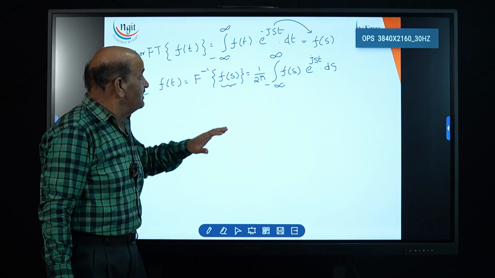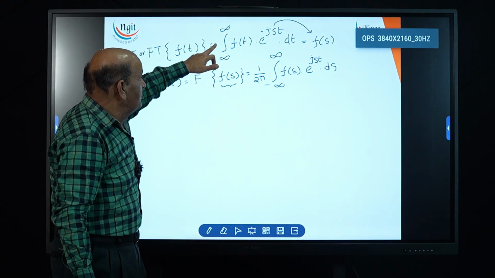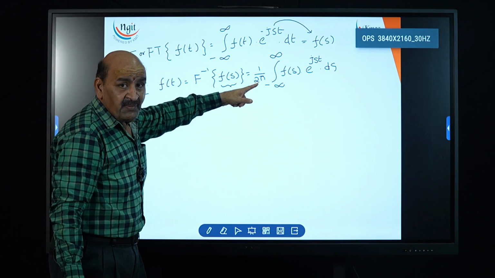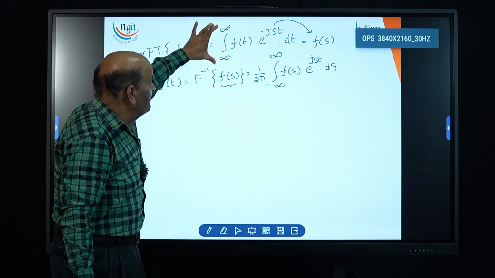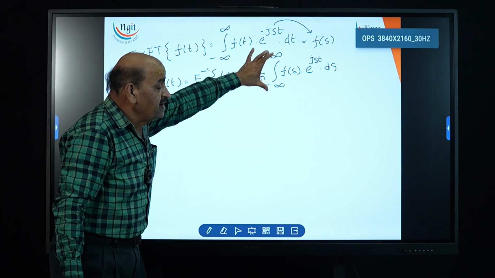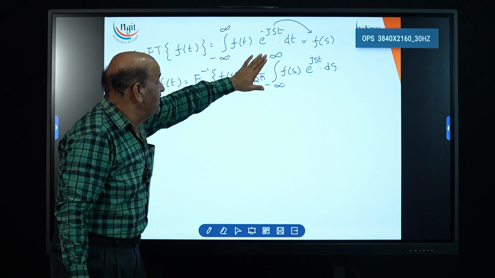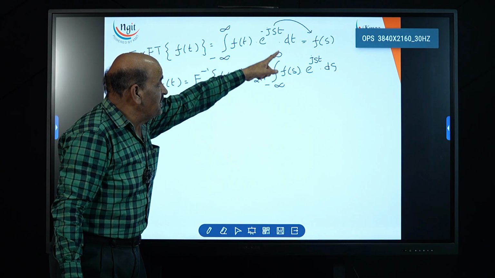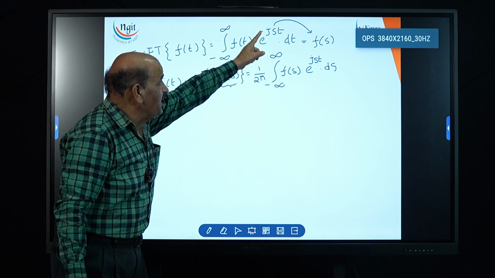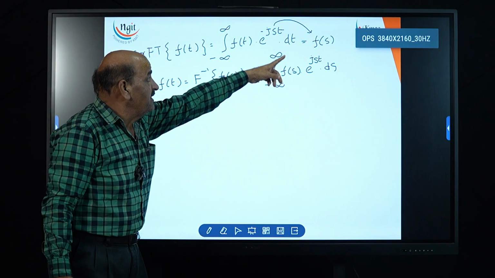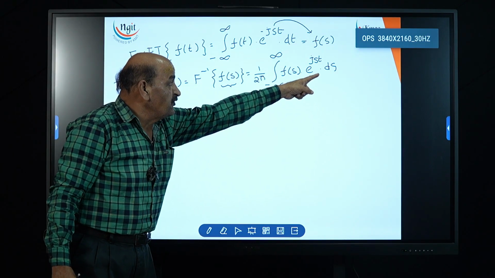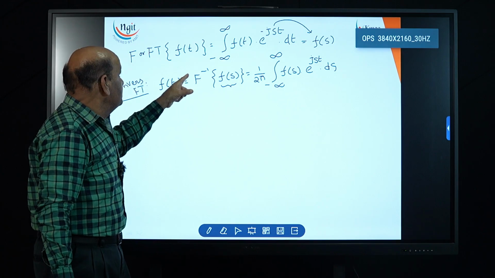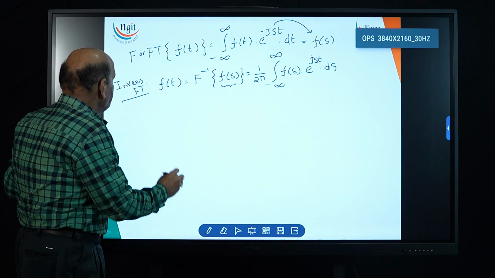Look at students, in the transform there is no constant, but in the inverse the constant is 1 by 2 pi. The limits are minus infinity to infinity in both. Here f of t, here F of s. Exponential, exponential. There negative sign, here no negative sign, positive sign. With respect to t there, and with respect to s here, because we get the function f of t. This is the Fourier transformation.